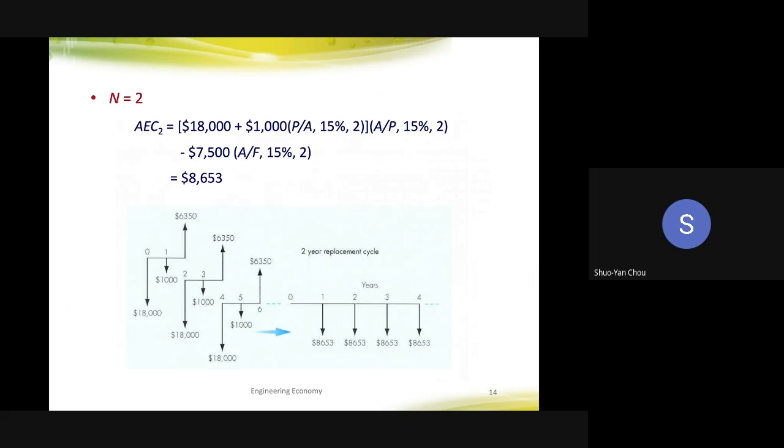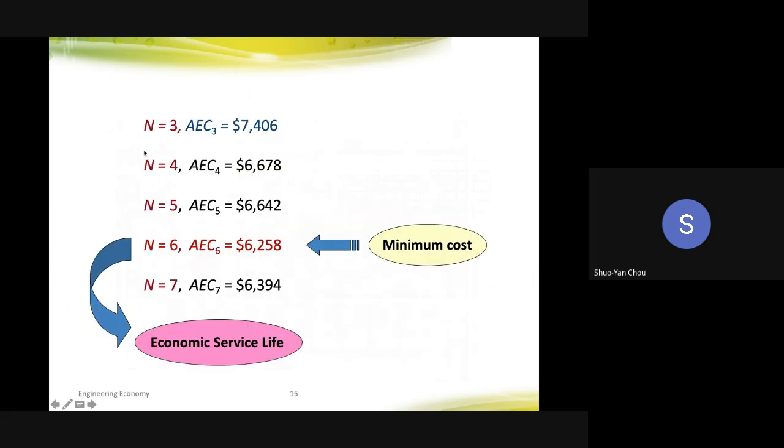So it's still good that we use the machine longer. Similarly, we can compute if we replace it every 3 years, or every 4 years, 5 years, 6 years, or 7 years, which is assuming that this is the end of the useful life of the machine. And we do the computation.